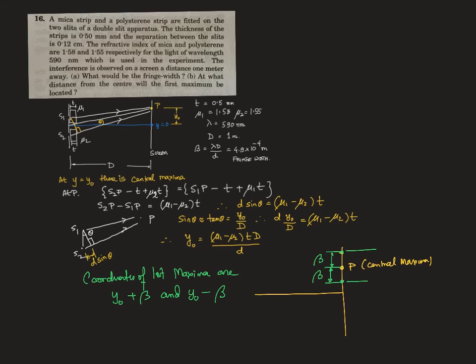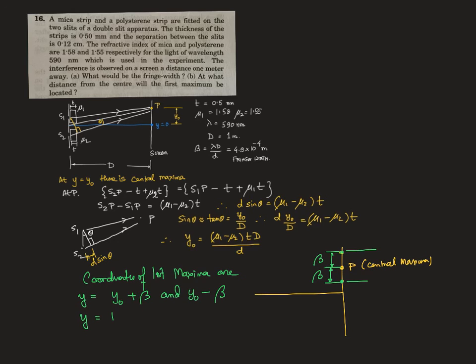So after calculating this, we can write y is equal to y naught plus beta and y equal to y naught minus beta. So you get two values.